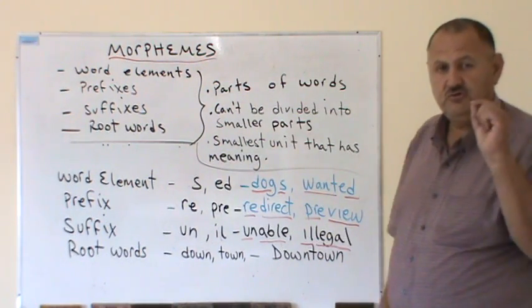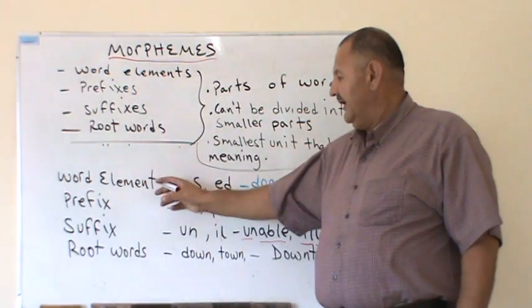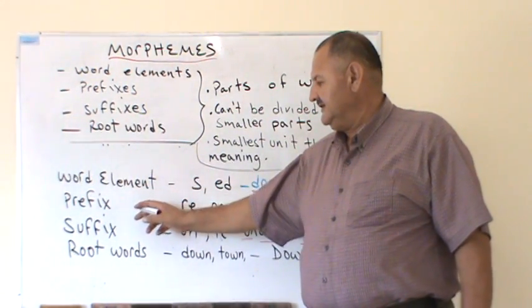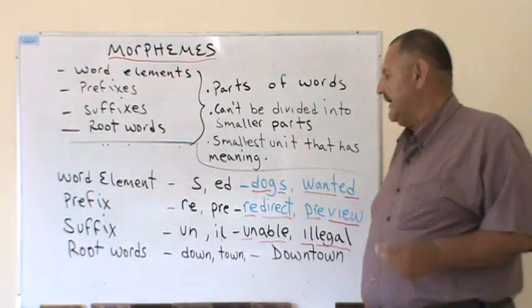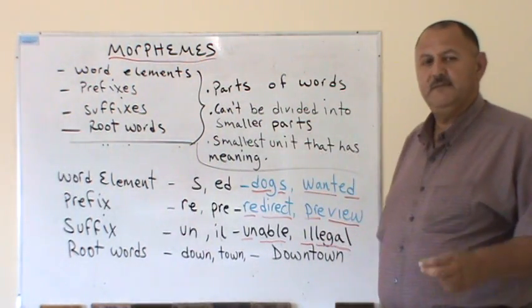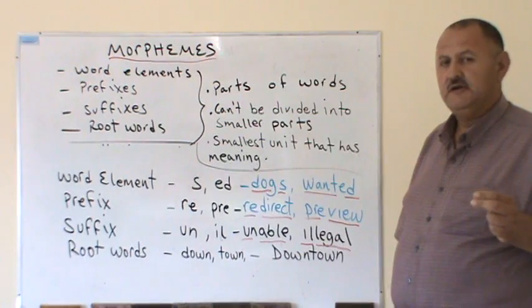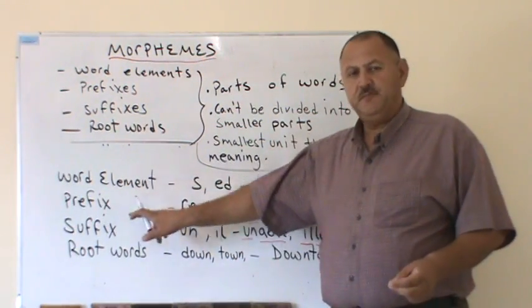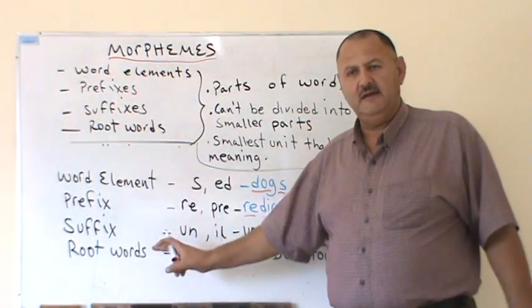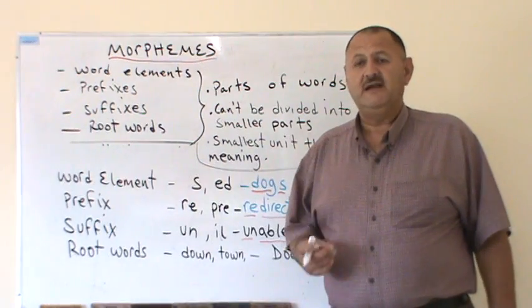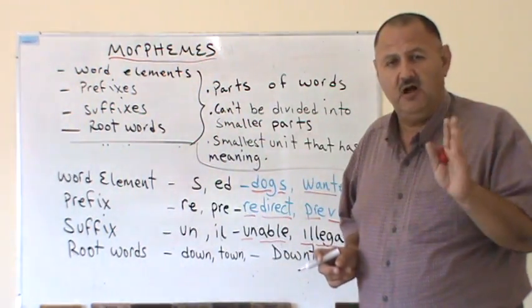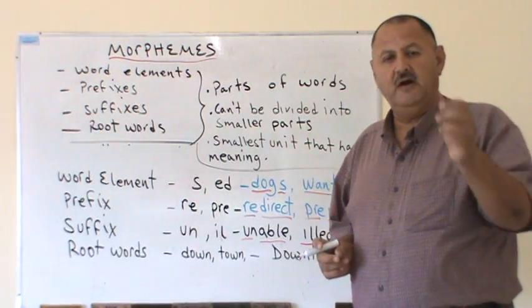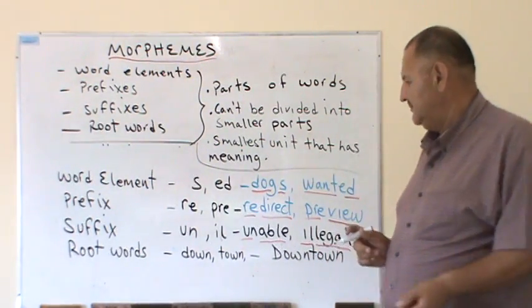Now, I want you to note that word elements, prefixes, suffixes, they have a meaning. So it is important to learn the main prefixes and the main suffixes. What do they mean? Because this will always give you part of a meaning of a word.